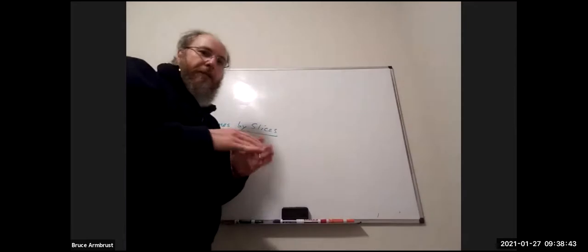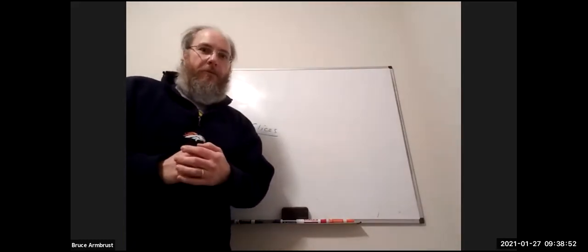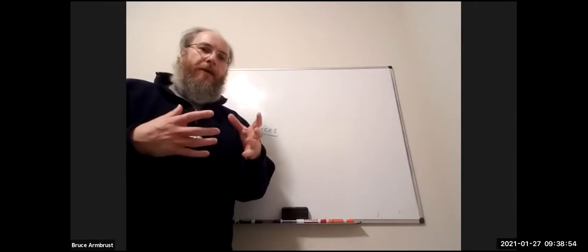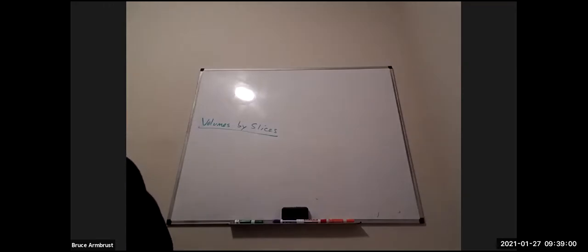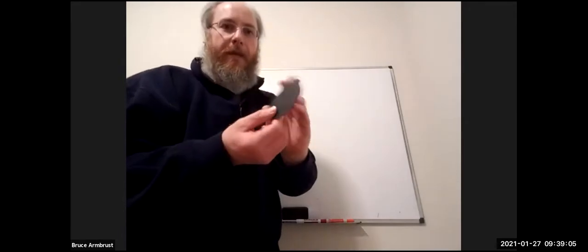Okay, so this is exactly what we're doing here. We're going to take a shape and slice it into a bunch of little thin wafers. Each of those has a volume, right? Let me pull another one of these back here. Hold on one second. Okay, so think about this thing. It does have volume.